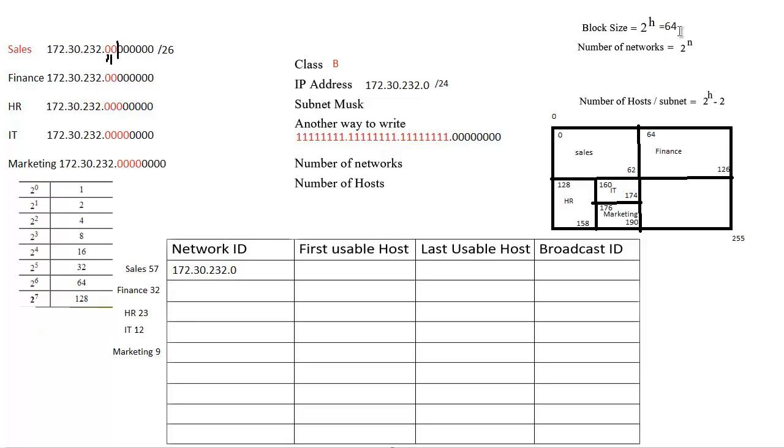Block size 64 means our network will increment by 64. So the next network will be 64. The next network ID will be 64 plus 64, 128.